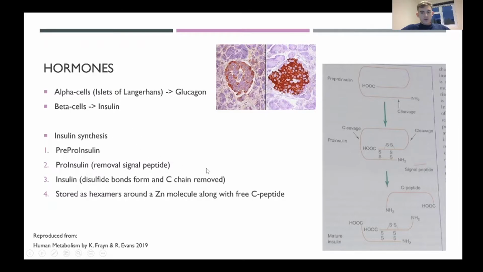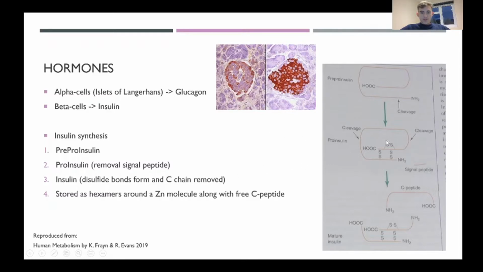So if we do a little roundup of how insulin is made, we've got this pre-proinsulin form, as you can see in the diagram here. This is then cleaved to remove the signal peptide, and now it's called proinsulin.